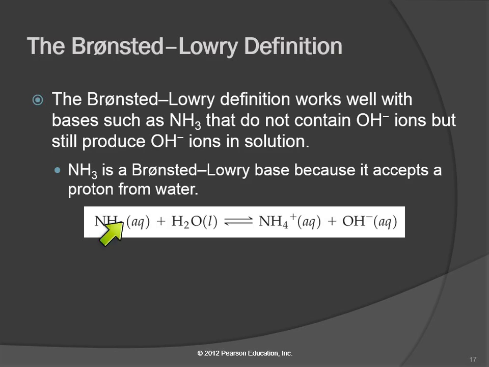It does so by accepting a hydrogen ion from the water molecule. A Brønsted-Lowry base is a proton acceptor. So the ammonia accepts a proton from water. The water is acting as the acid here. And after water donates a proton to the ammonia, you get ammonium ion and hydroxide ion. So you put ammonia in water, it does produce hydroxide ions. It is a base.